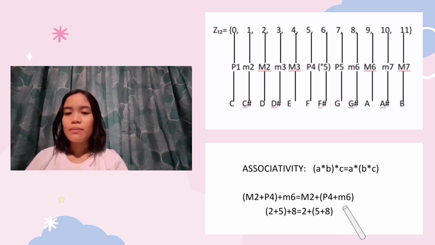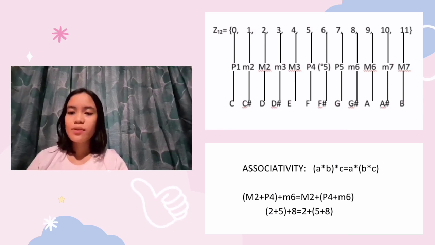Then 1 plus the major second, which is 2, we get 3, which results in E flat. Applying to the piano, we start with F, then go to D flat and E flat. So we see that we end up with the same result from the left hand side to the right hand side. Therefore, it satisfies our axiom.